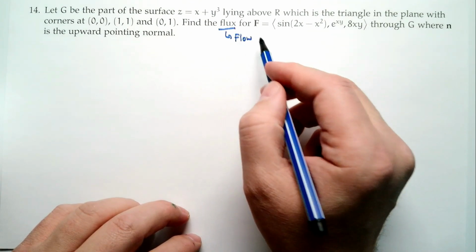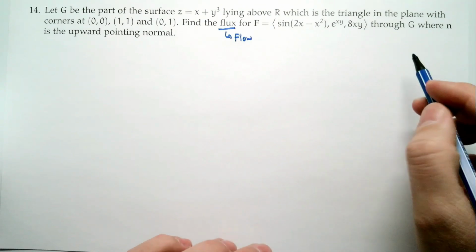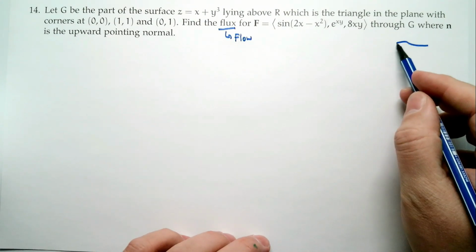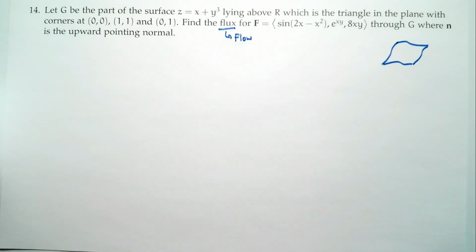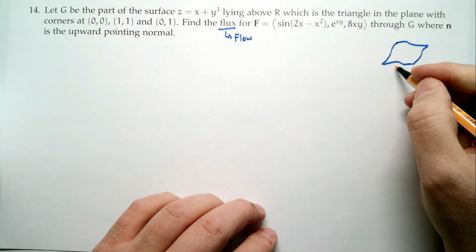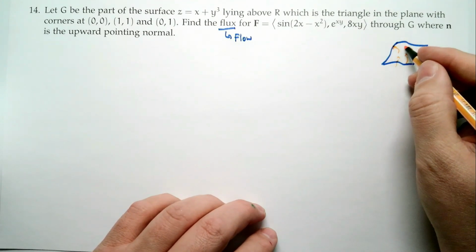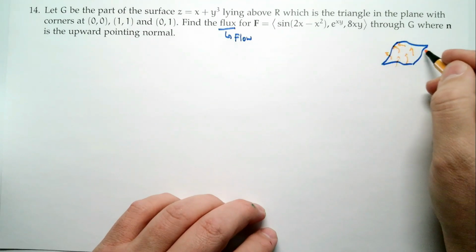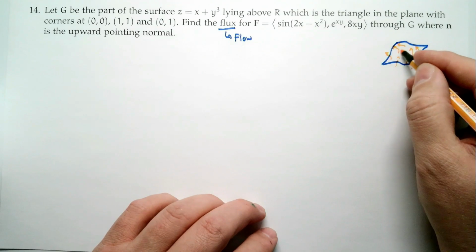So we think about things moving: electrical flow, fluid flow, air flow, all kinds of flow. The idea is you have the surface G sitting somewhere out in space, and you have flow. In other words, things are moving through the surface. And the question becomes, how much is moving through the surface, and in which direction? So what's the net flow?